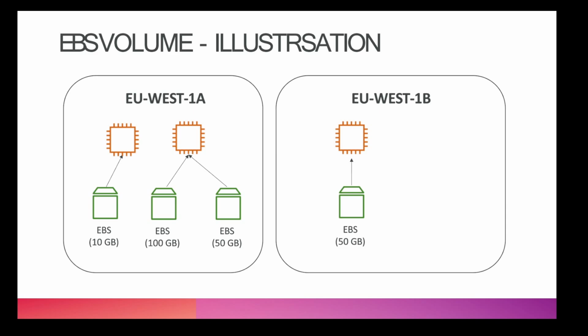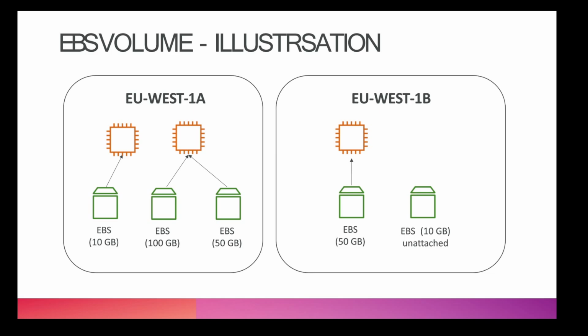In the same way that EC2 instances are linked to an availability zone, so too are EBS volumes. Another significant feature of EBS volumes is the ability to create them without immediately attaching them to an EC2 instance. This on-demand attachment capability adds a layer of flexibility, allowing you to utilize volumes when required without a permanent connection to an instance.